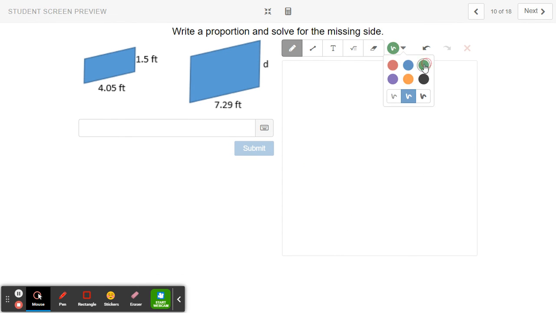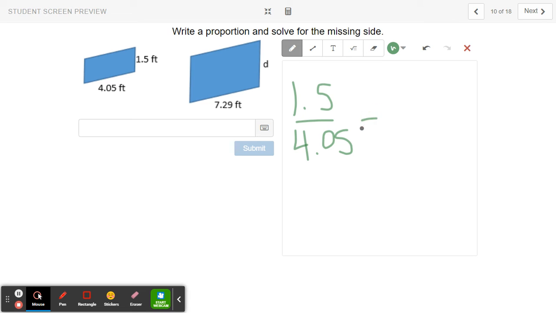All right, this one's easy enough. Base height or side base, whichever one you want. Let's do 1.5. So the side over the base, again over side, they use variable d. You can use any variable over 7.29. This one's a not so easy jump because we're working with decimals here. So we're going to multiply these two.